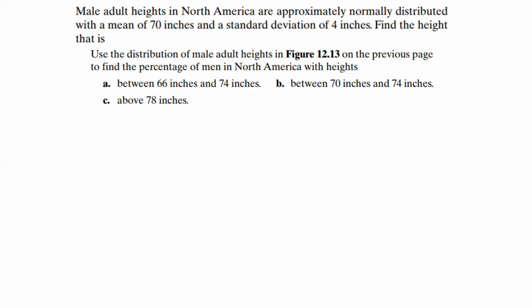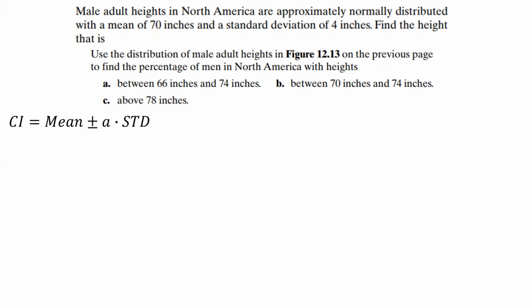So I know my mean is 70 inches. I know my standard deviation is 4 inches. I want to find the percentage of people that fall between 66 inches and 74 inches. This interval that breaks down these regions into the 68% and then 95% intervals, we find what region we're in by taking our mean, adding and subtracting the standard deviations, and then that A is going to tell me how many standard deviations away I am from the mean.